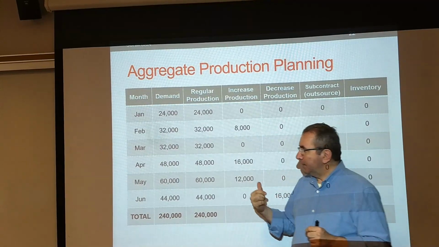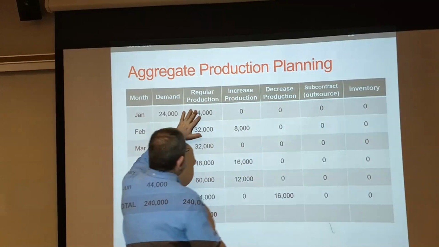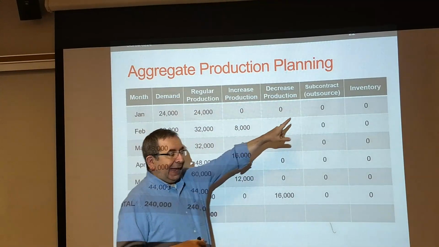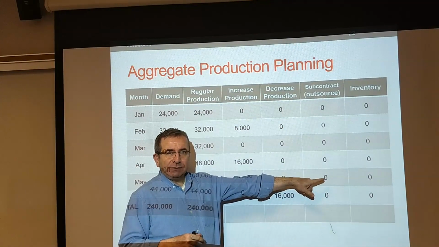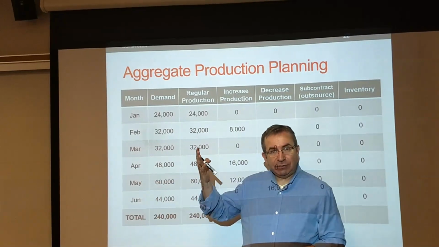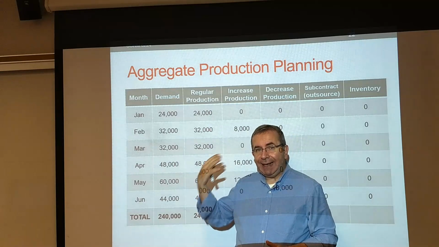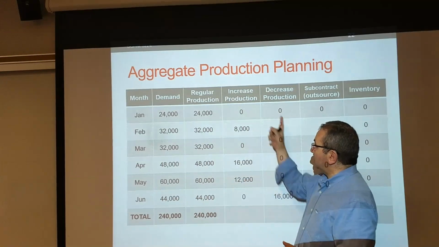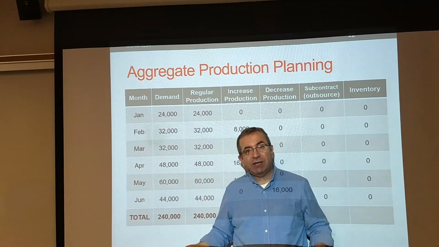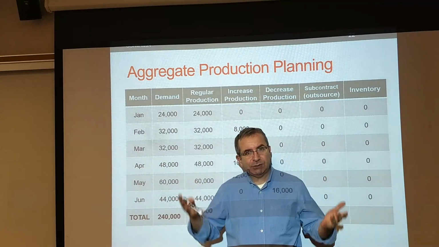On the one hand, the chase strategy has no inventory costs, but it has costs of increasing or decreasing production. Level strategy has no costs for increasing or decreasing production, but it has inventory costs.